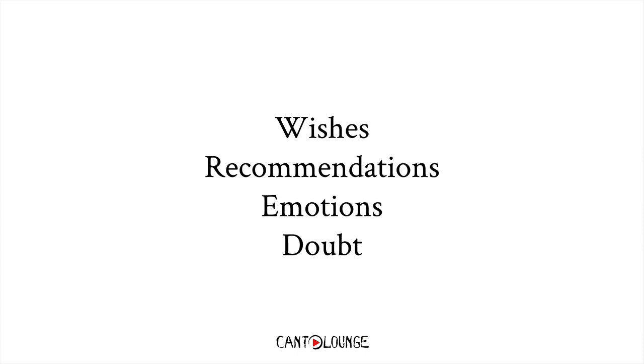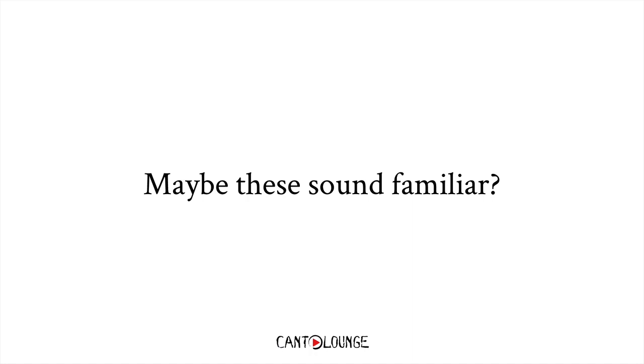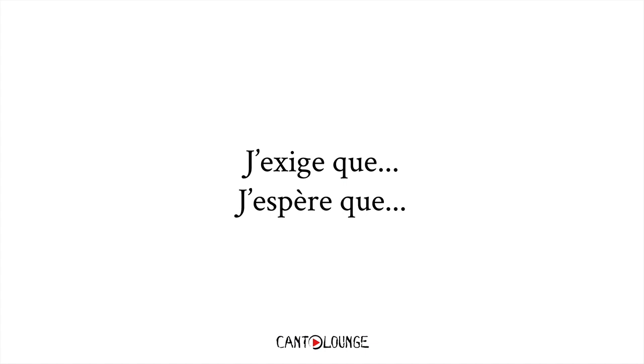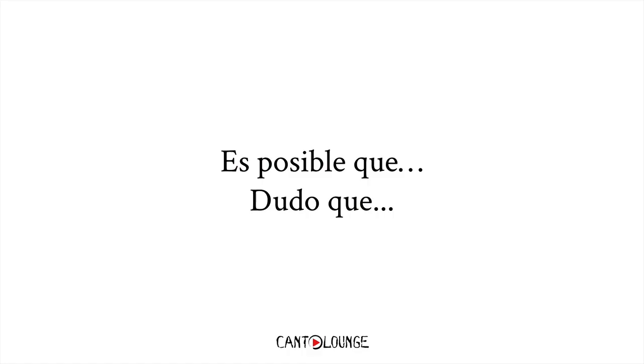And these are things that you want to express, like wishes, recommendations, emotions, doubt. These expressions might sound familiar. Subjunctive and j'exige que, j'espère que, I insist that, I hope that in French, and we have es posible que, dudo que, it's possible that, I doubt that, and these are all followed by the subjunctive. And these words, es posible, dudo, are effectively called modal verbs, verbs that express moods. That kind of makes sense, right?